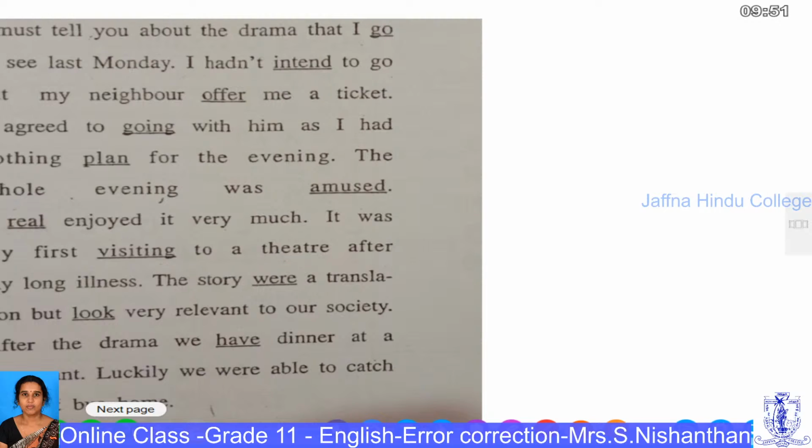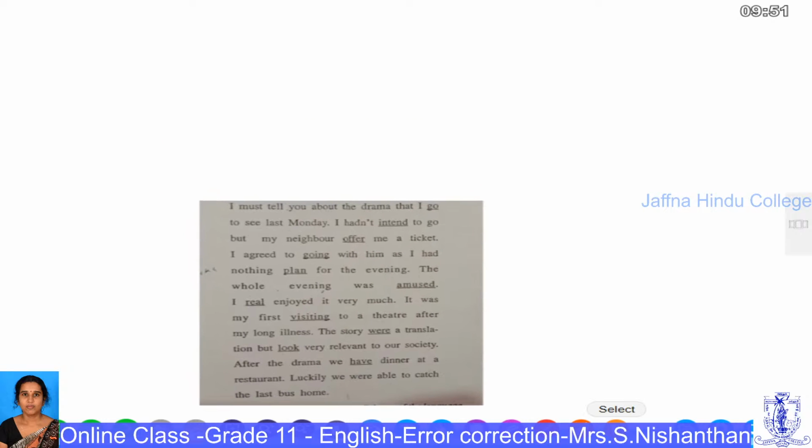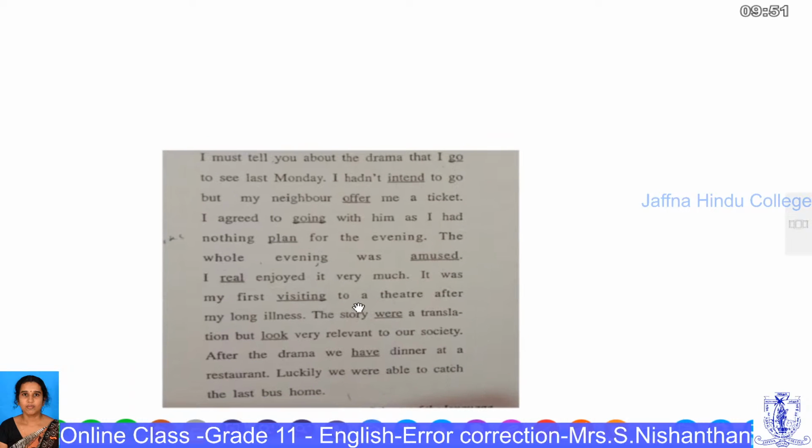And then another one. It's from your past paper. There's a paragraph with underlined, the errors are underlined. Now you can find out the correct words instead of the wrong ones.